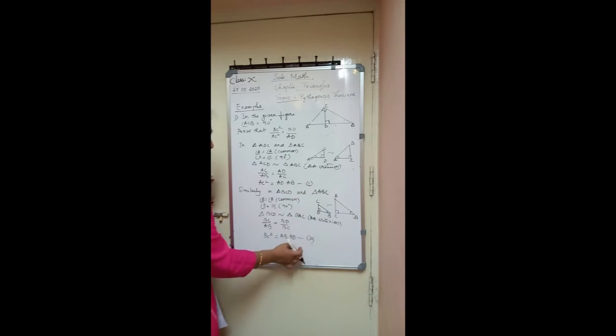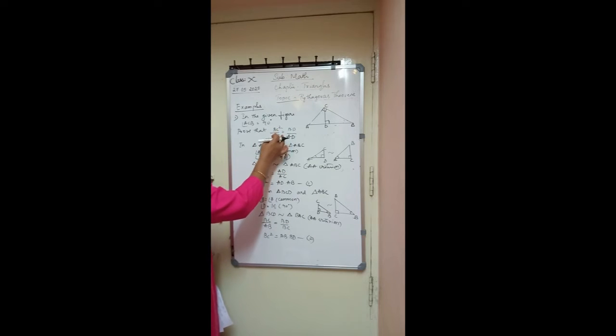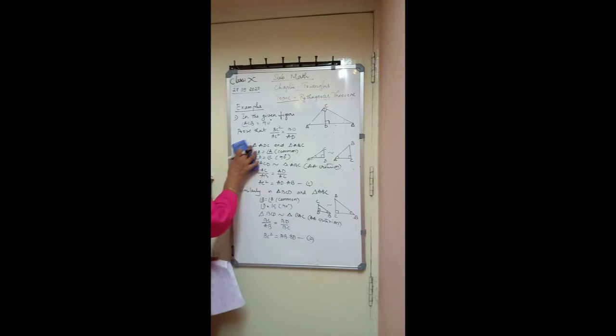Now go through these two equations. AC square equals AD into AB, BC square equals AB into BD. We need the ratio BC square by AC square, so take the ratio of these two equations.